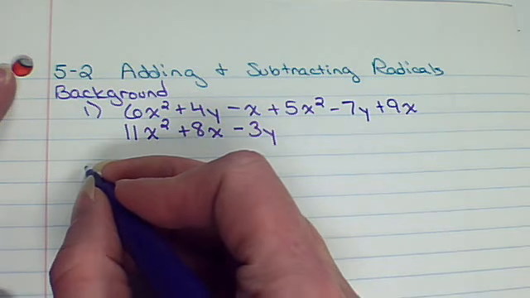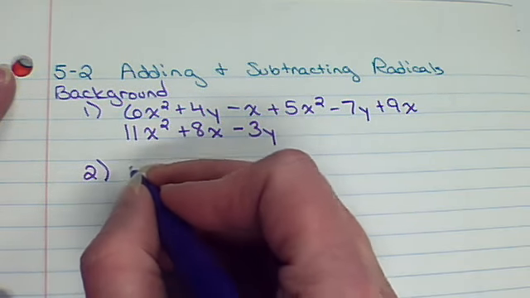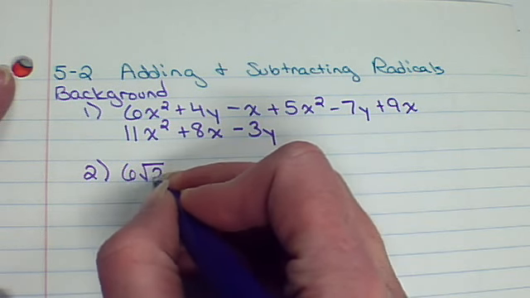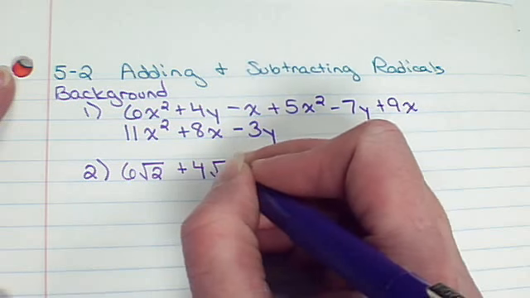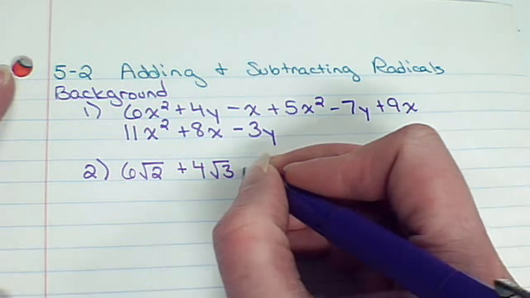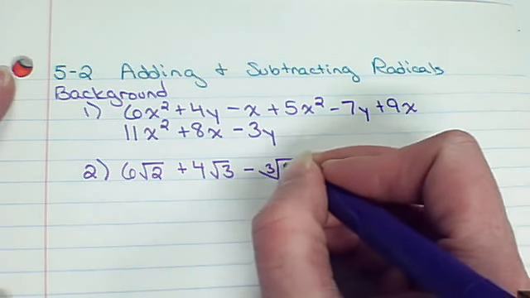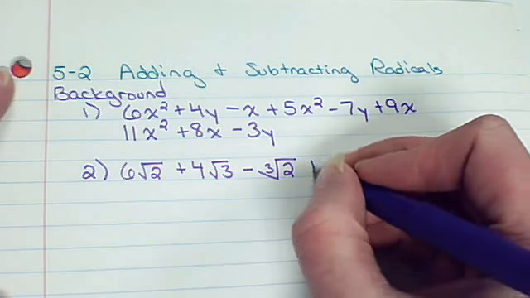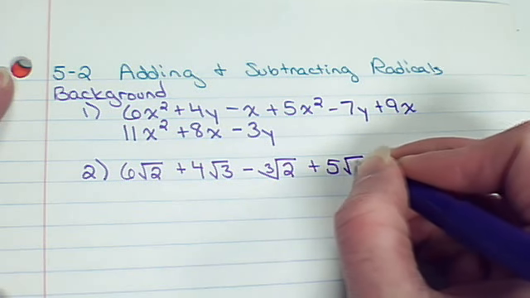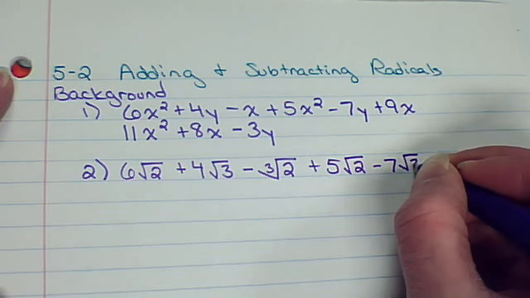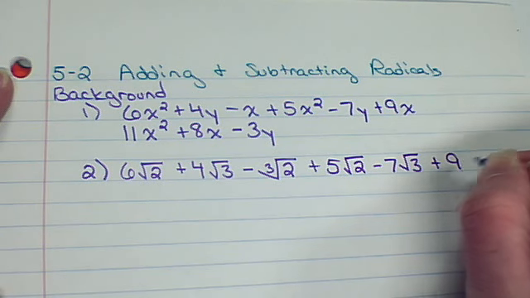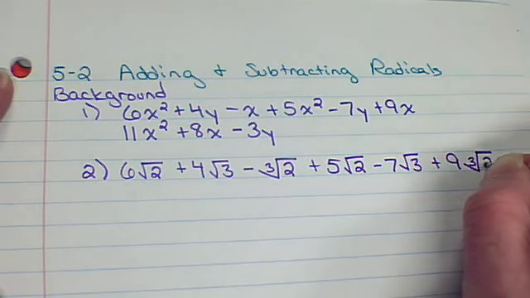Now, I want you to compare that to, what if we had 6 square roots of 2 plus 4 square roots of 3 minus the cube root of 2 plus 5 square roots of 2 minus 7 square roots of 3 plus 9 cube roots of 2.